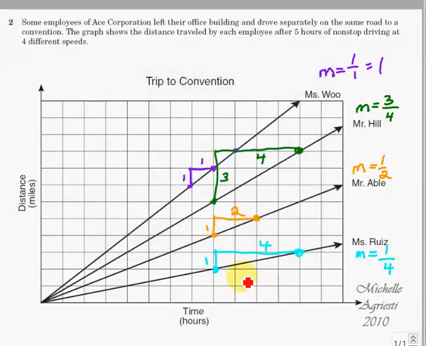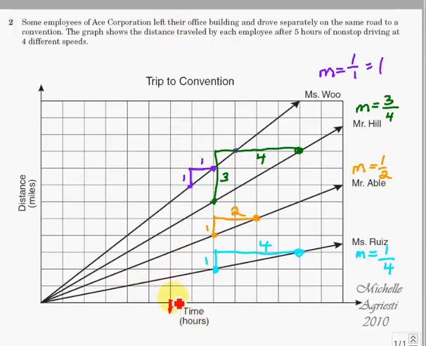Another way you can look at it is pick a time. We all know they all left at the same time. And they went the same road. So if we just pick a time and see who had gone the furthest, well, they're going the fastest. So I'm just picking this time right here.